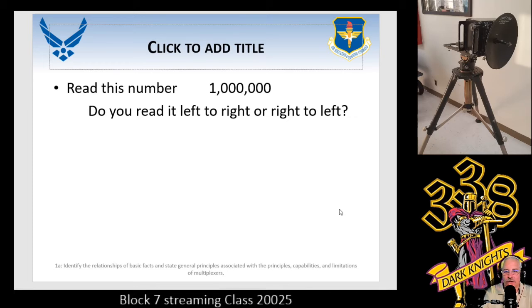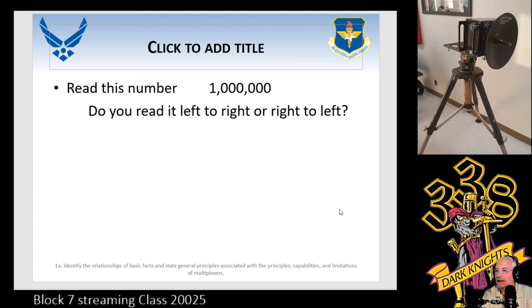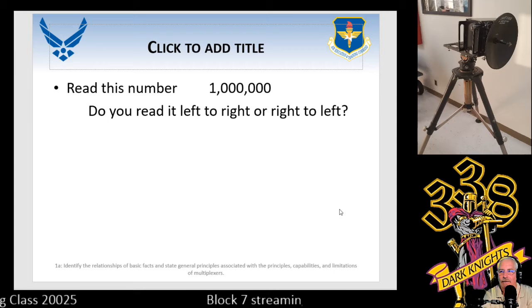I always like asking this question, so Airman Spore, do not say a word. I'll go down through the list and ask you, do you read it left to right or right to left? Griffin, what do you say? I generally read left to right, but when I look at a number, I don't necessarily think about it. I just see it and then interpret it. Okay. Javier? I read it left to right.